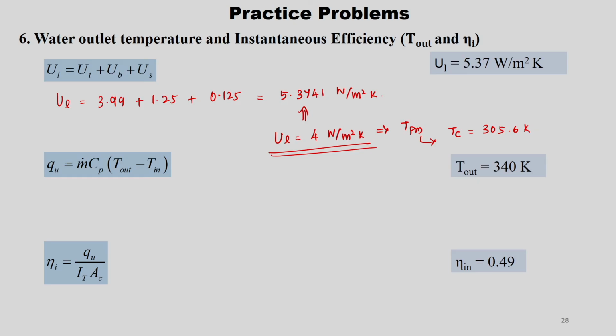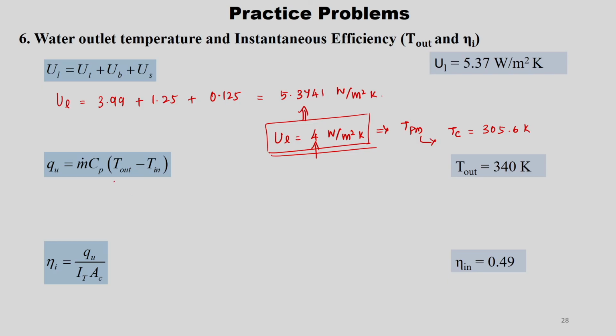So, that seems to be not coinciding, because the difference between calculated value and guessed value is so much, but still we will try to see how much we are getting as outlet temperature and instantaneous efficiency. After that we will go back and recalculate, in the sense we will assume some other initial guess for UL and TC and then proceed the calculation and see what is the final efficiency we are getting, right.